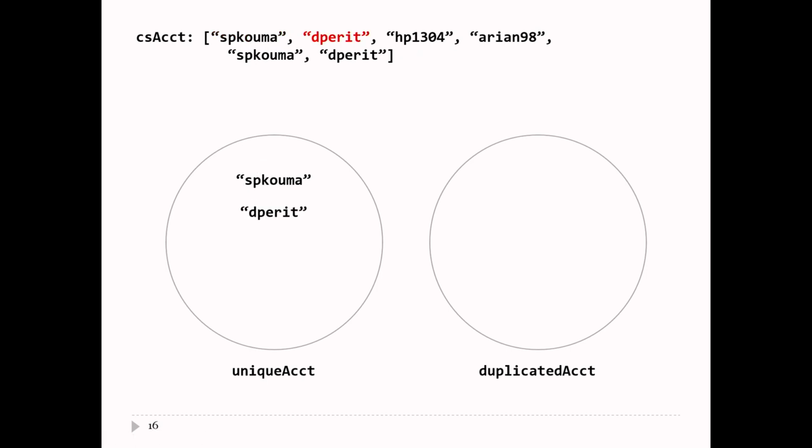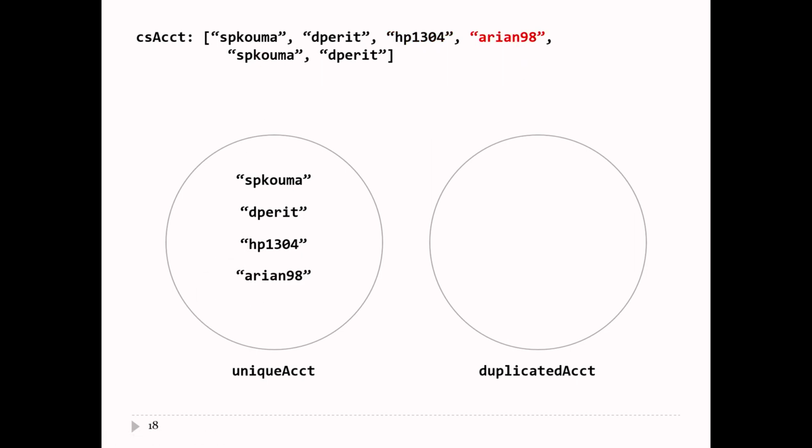Second element, well, that account name is not in this set, so it gets added. That account name is not in this set, so it gets added. Not in this set, so it gets added.